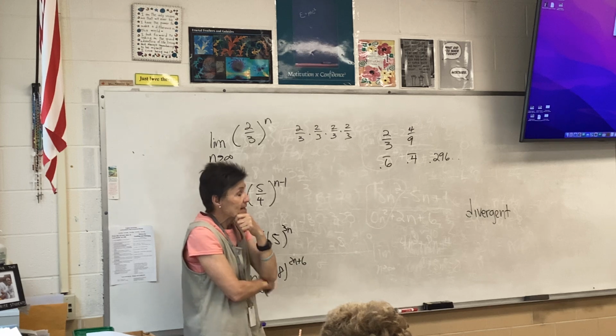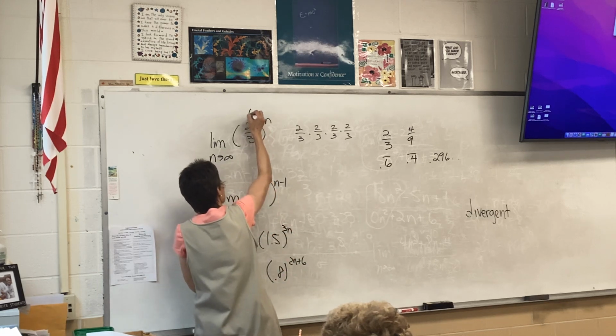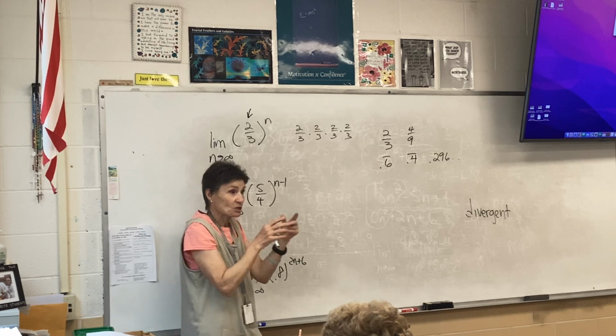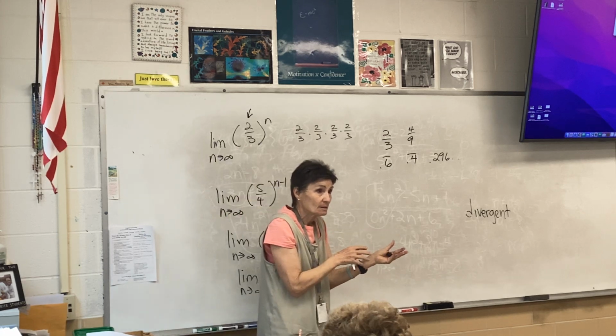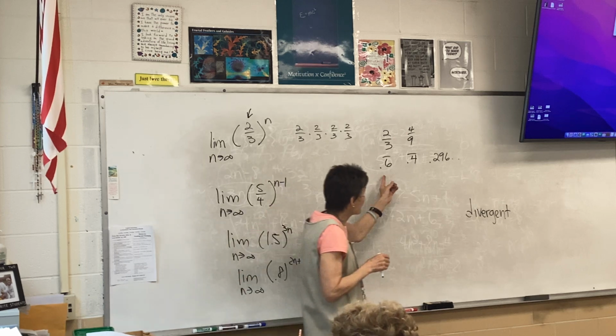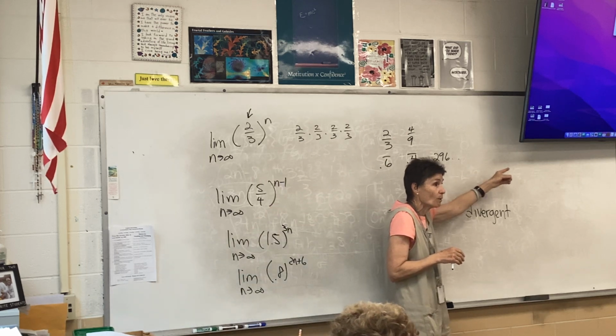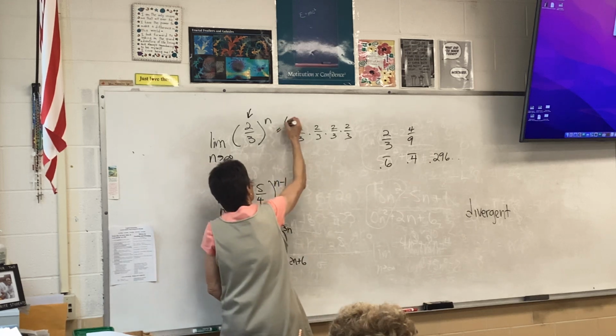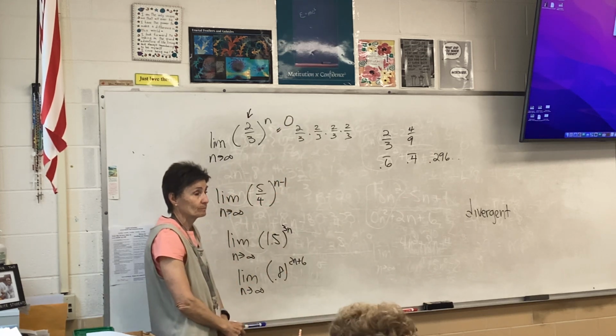Smaller. If this number right here is less than 1, then it's just going to keep getting smaller. So what does that mean the limit is? If these decimals just keep getting smaller and smaller, what's the limit going to be? 0. That's exactly right. Good job. The limit's going to be 0.